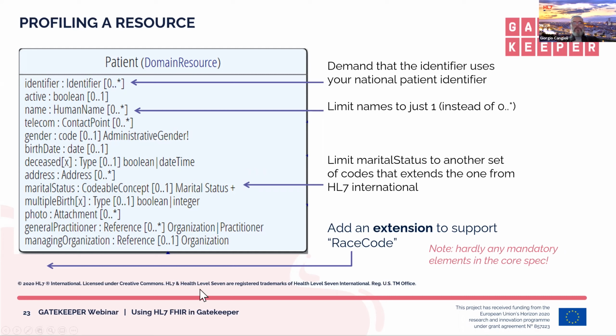Or you want to limit the number of possible repetitions of name to 1, and add some binding for the vocabulary. But the thing that is usually done when profiling is to define extensions in order to cover information that is not in this core set of elements.